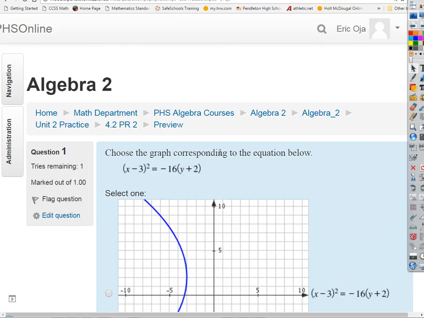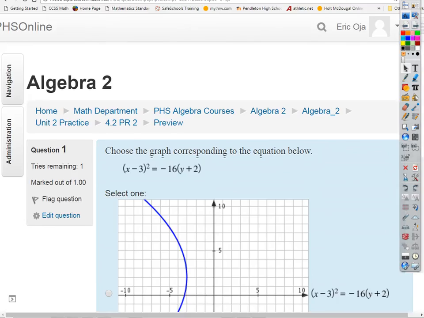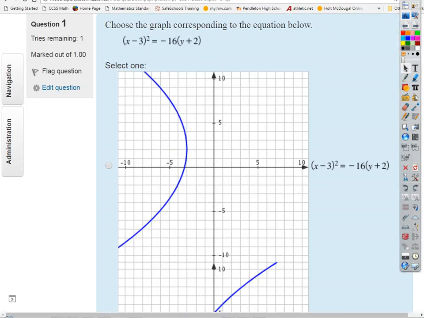Here's my equation. So which variable is being squared? X. So does that mean it's going to be open vertically or horizontally? Vertically, because it's like the plain old algebra 1 parabola, y equals x squared, which just opens up, right?